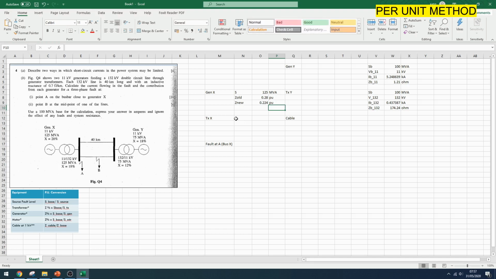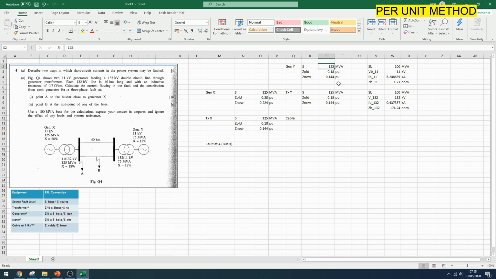So we repeat in the same manner for transformer. So what's the old base of transformer? Is 125 MVA. So the Z old is 0.18 or 18%. So it automatically calculates for you lah. Alright, so we repeat again the same method for generator Y and transformer, I'll just copy first.